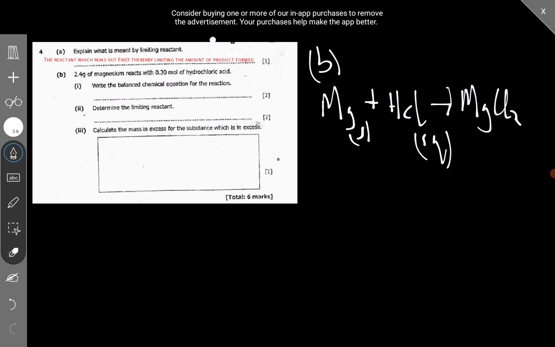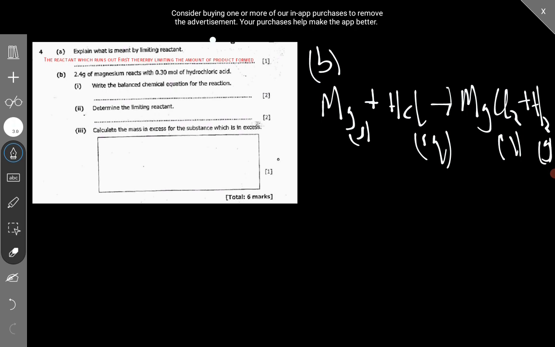It's reacting with hydrochloric acid. Acids are aqueous, and then this gives us magnesium chloride, of course, plus hydrogen. You can put the magnesium chloride in aqueous, and the hydrogen is a gas.